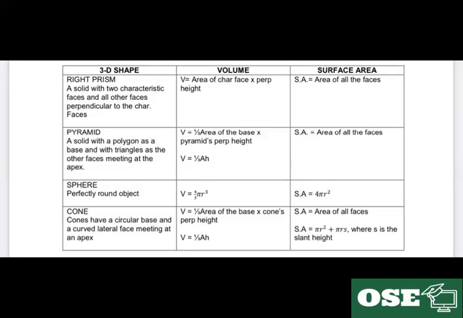And then volume, like I said, in a 2D shape, you cannot have volume because you are not filling up any space. There's no space. However, in a 3D shape, you do have space to fill up something. That's why we also calculate volume. So usually volume is area times height.